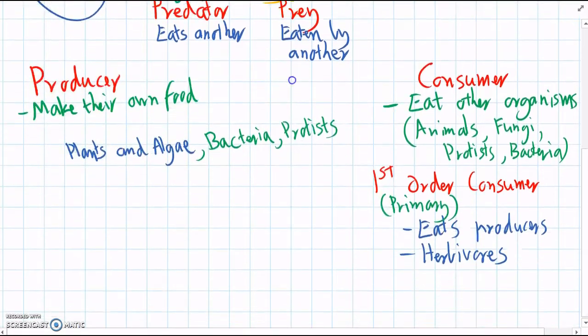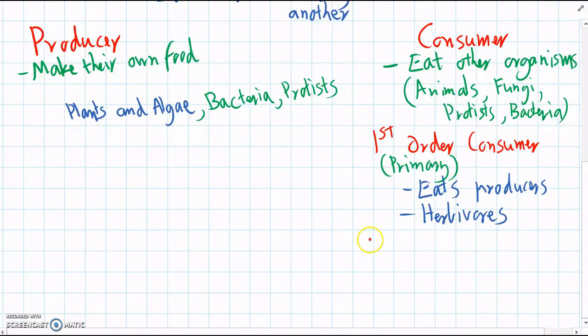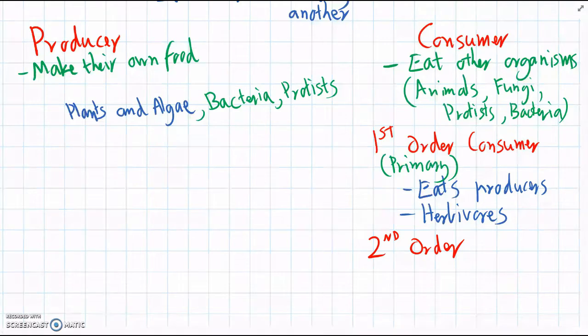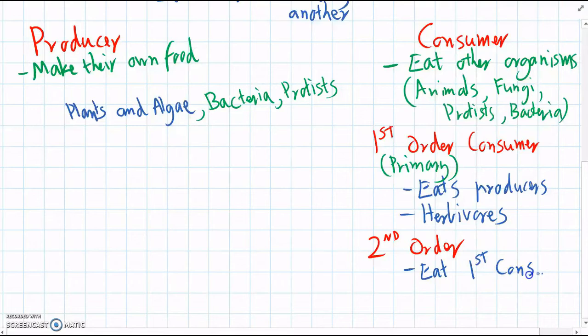So our blue-tongued lizard, we will call our second order consumer. And seeing as these ones eat other animals, second order consumers are always carnivores, meaning they eat meat only.